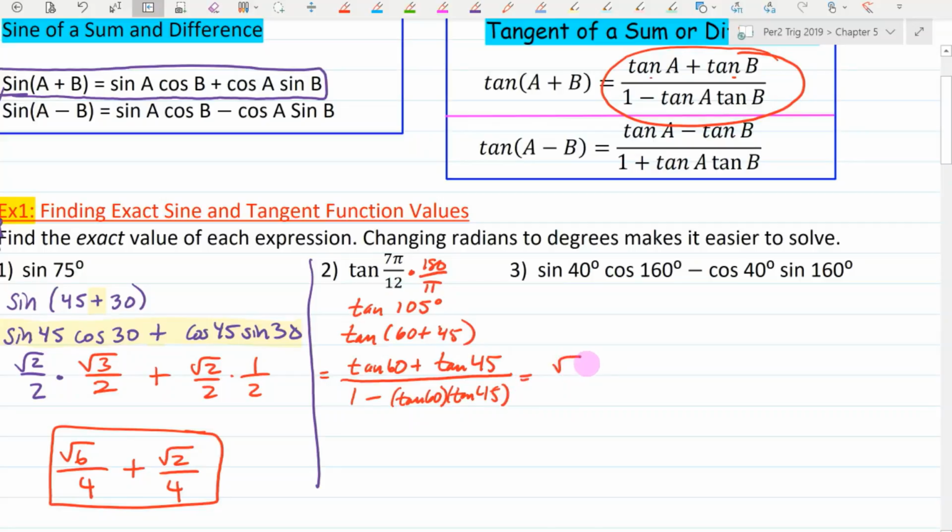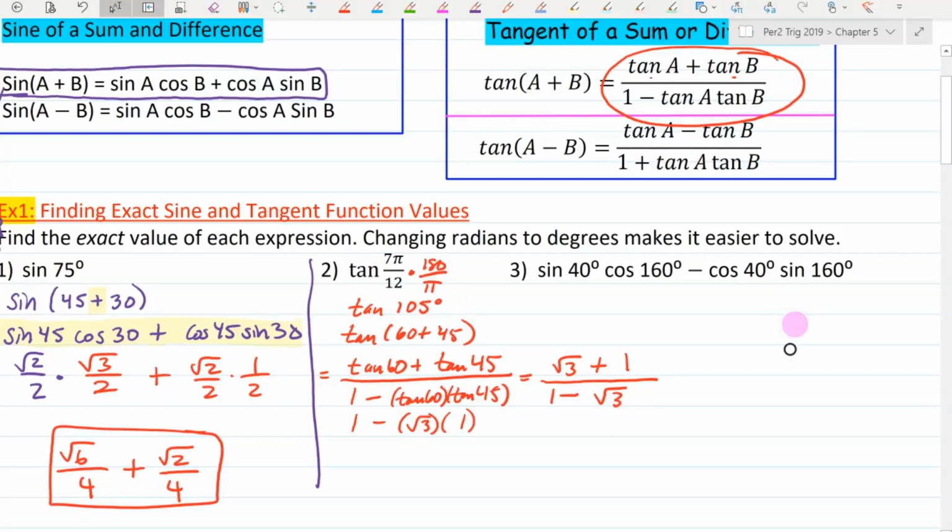Tangent of 60 is radical 3. Tangent of 45 is 1. So it's 1 minus radical 3 times 1. So this is 1 minus radical 3.